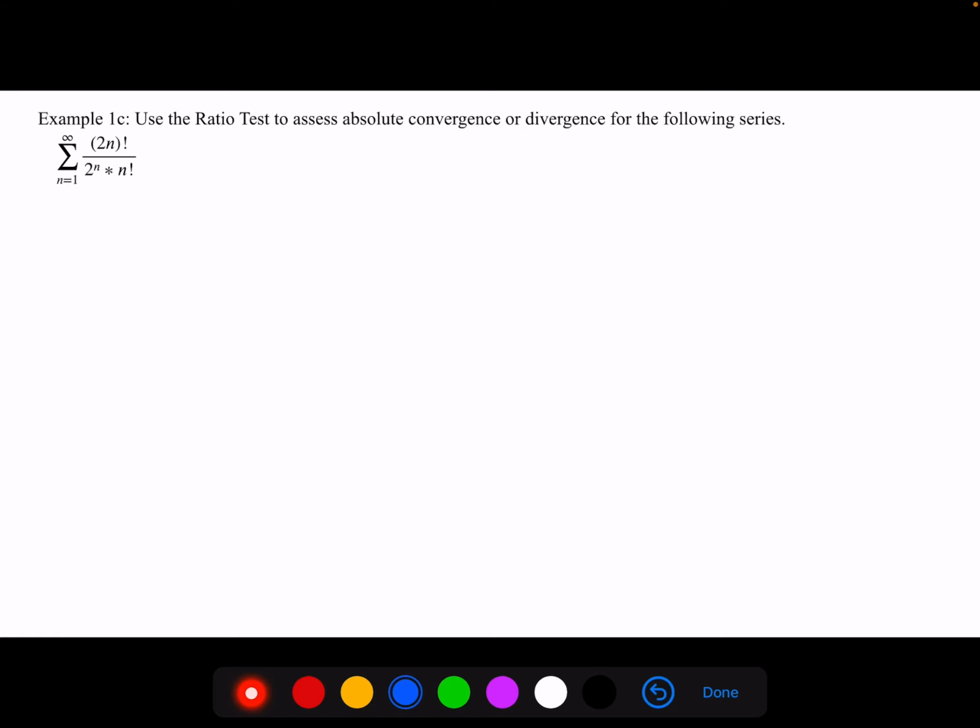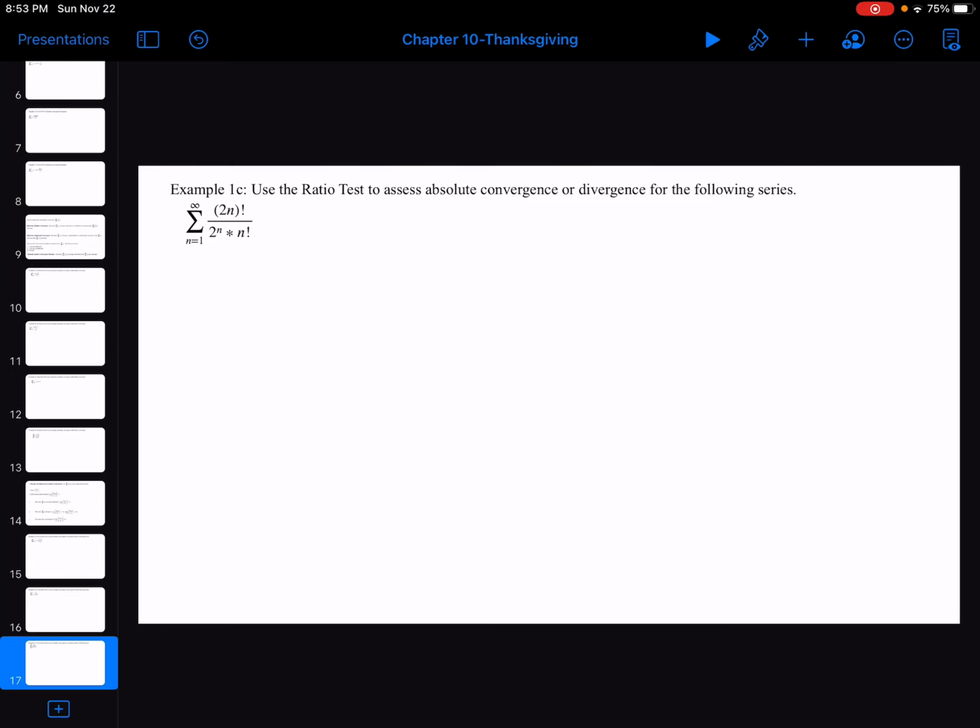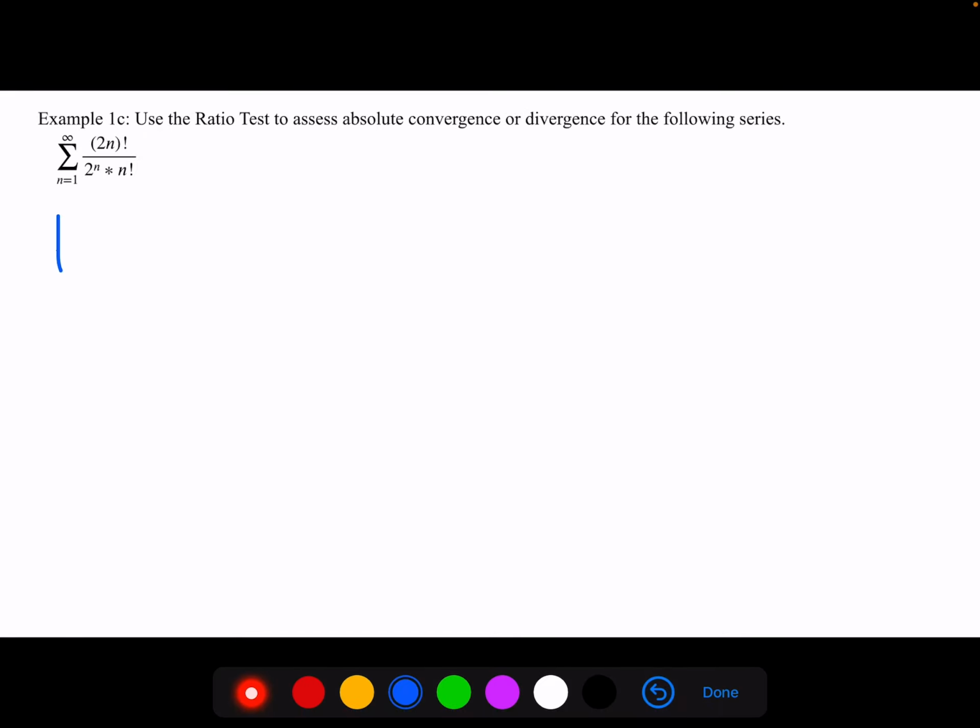We're going to begin by looking at the absolute value of a_{n+1} over a_n, where a_n equals (2n)! divided by 2^n times n!.